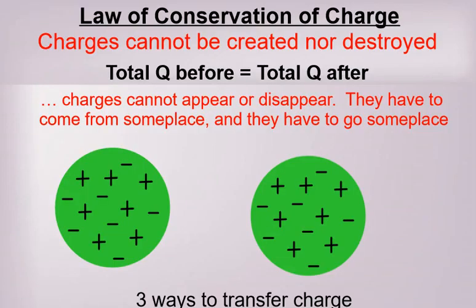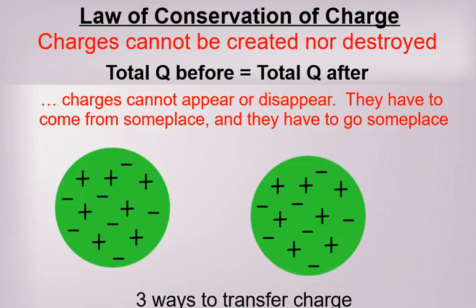There's something known as the law of conservation of charge, which says charge cannot be created or destroyed. It's simply moved. So if you start with an object that is neutral and then suddenly the object is positive, it hasn't created charge, it just redistributed charge so that there's more positive than negative on one particular object.